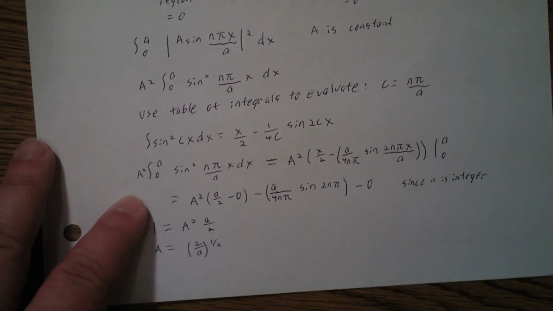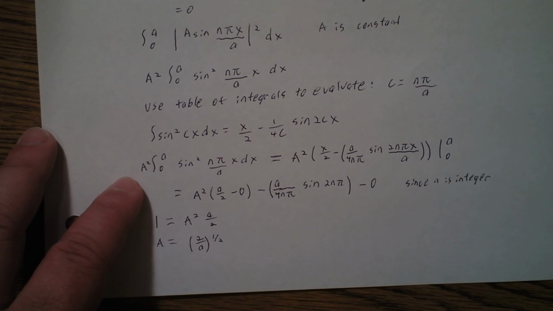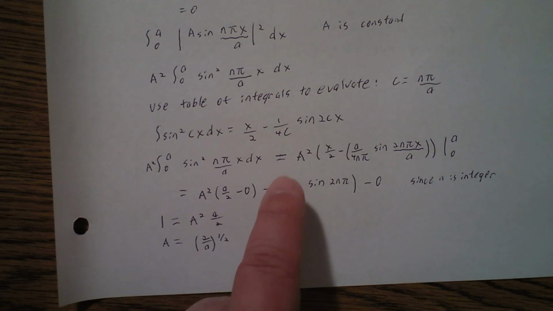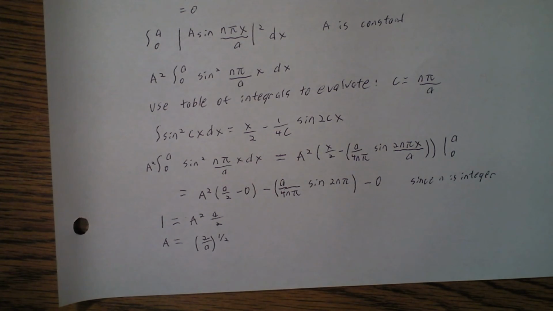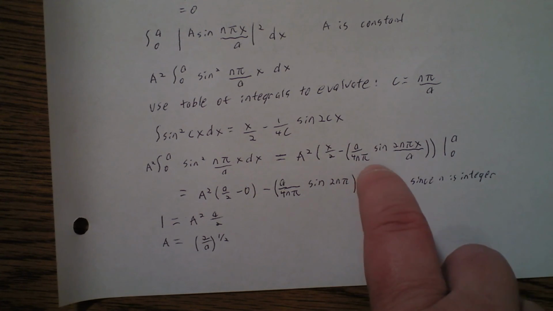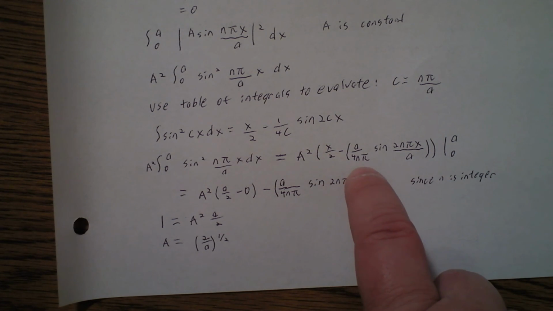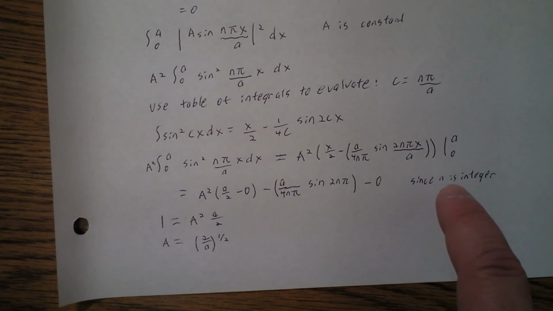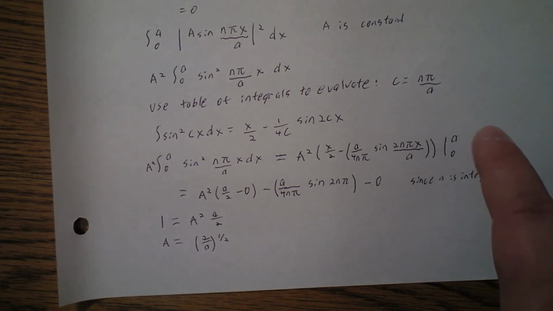So we substitute that all back in. We get A squared times the integral from 0 to a of sine squared n pi over a x with respect to x. That's equal to A squared times this whole quantity, x over 2 minus this whole quantity, a over 4 n pi sine 2n pi x over a, evaluated from 0 to a.